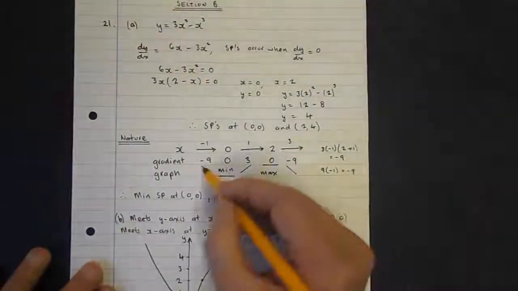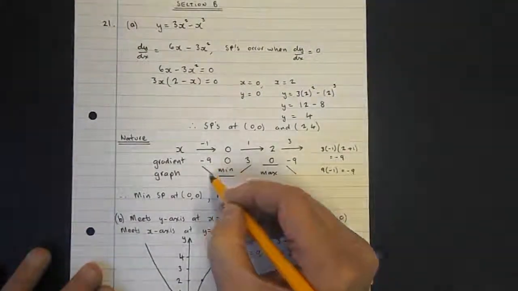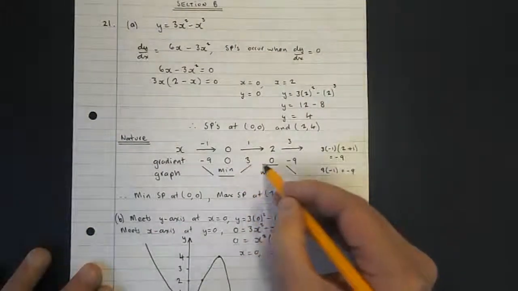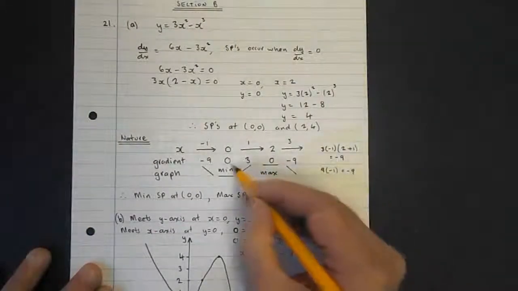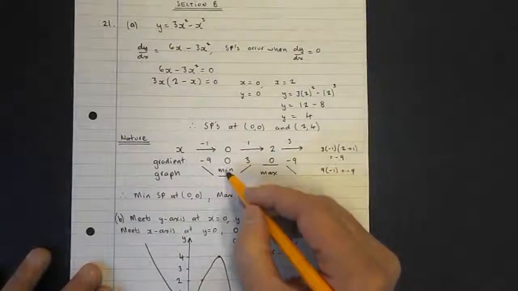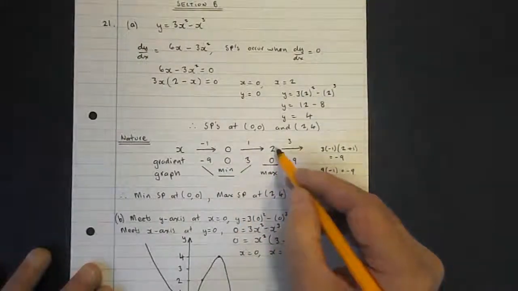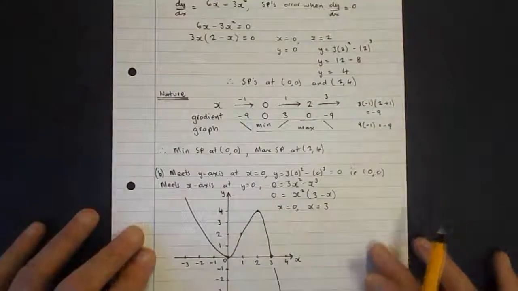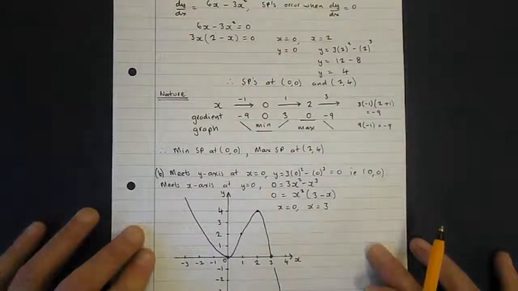So, negative gradients go down, 0 is flat, positive gradients go up. So when x is 0, we have a minimum, and when x is 2, we have a maximum. So we have a minimum at 0, 0, and a maximum at 2, 4.